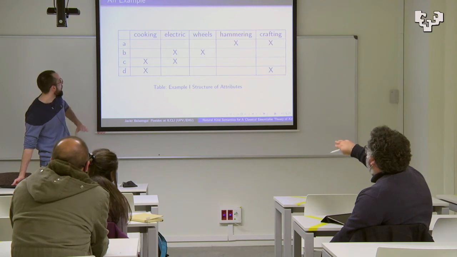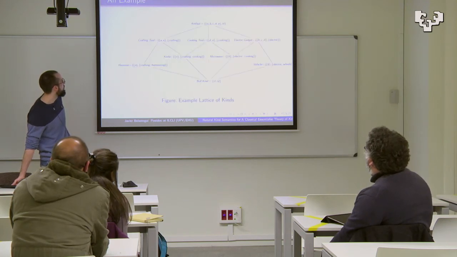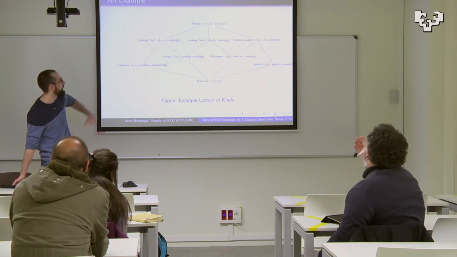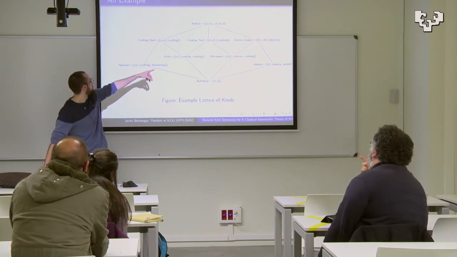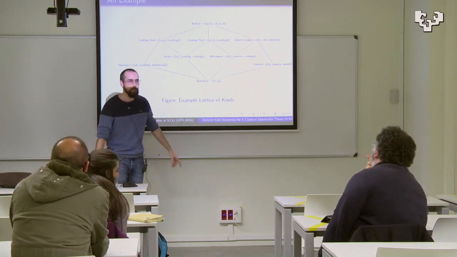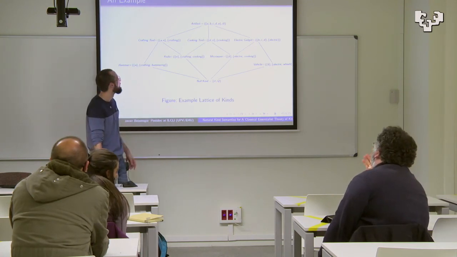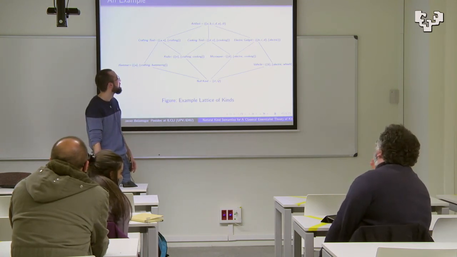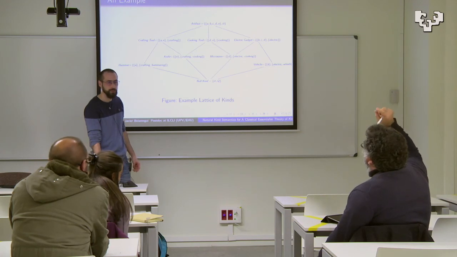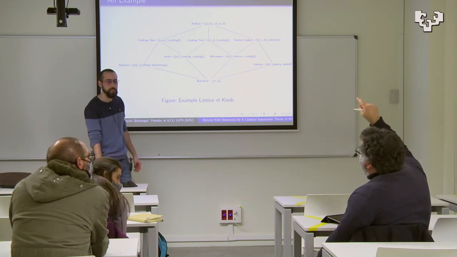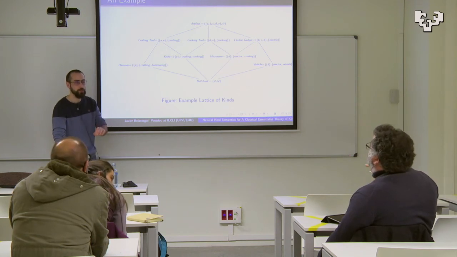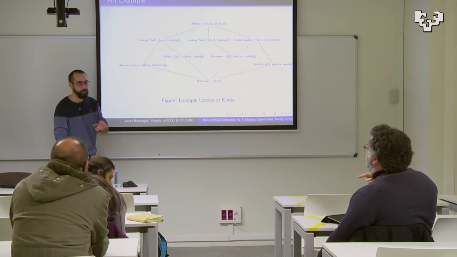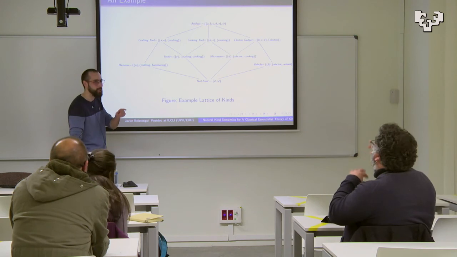Wait, I think I have one more object than I needed because I corrected this, so one of them is a cheater. The essentialist model always gives you a structure that goes from a kind that has all the objects and no essence to a kind that has no objects but all the essence. Yes, good question.